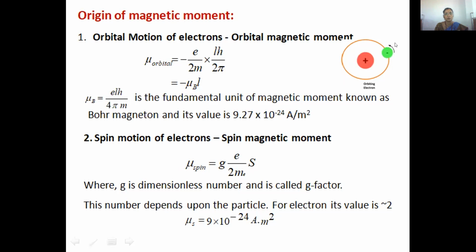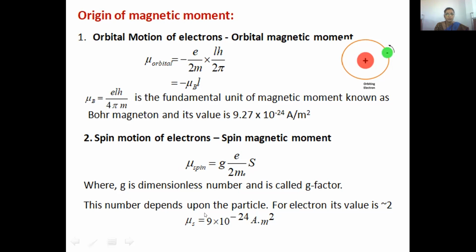Next, spin motion of electrons. As we know, the electrons are moving around the nucleus, and along with that, it spins around its own axis. Because of that, it contributes spin magnetic moment. Mu spin equals g into e by 2 me into S. Here, S is the spin quantum number, g is the gyromagnetic ratio, which is a constant, and for every electron the value is approximately 2.